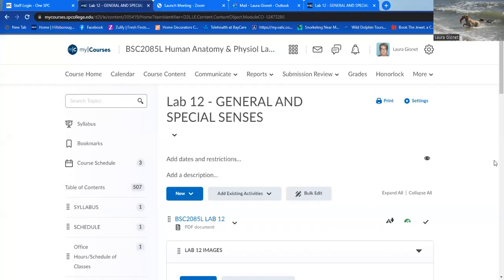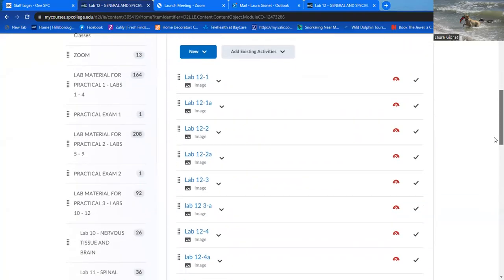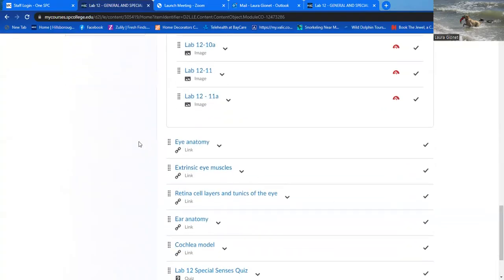Okay. So here we are in Lab 12 General and Special Senses. We just went through the lab PDF document. So now we're going to go through these images. And here is where I have the eye anatomy. So I cover the eye model, extrinsic muscles of the eye, the retinal cell layers and the tunics of the eye, ear, cochlea, and so forth.